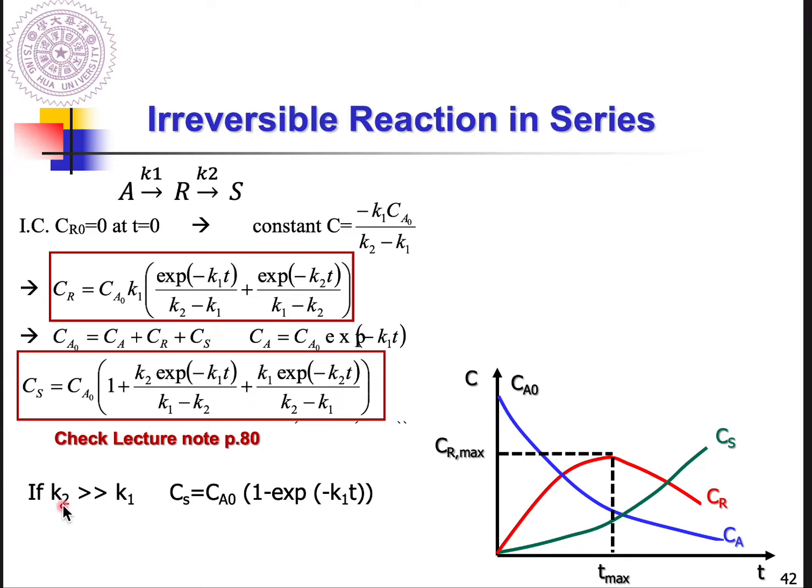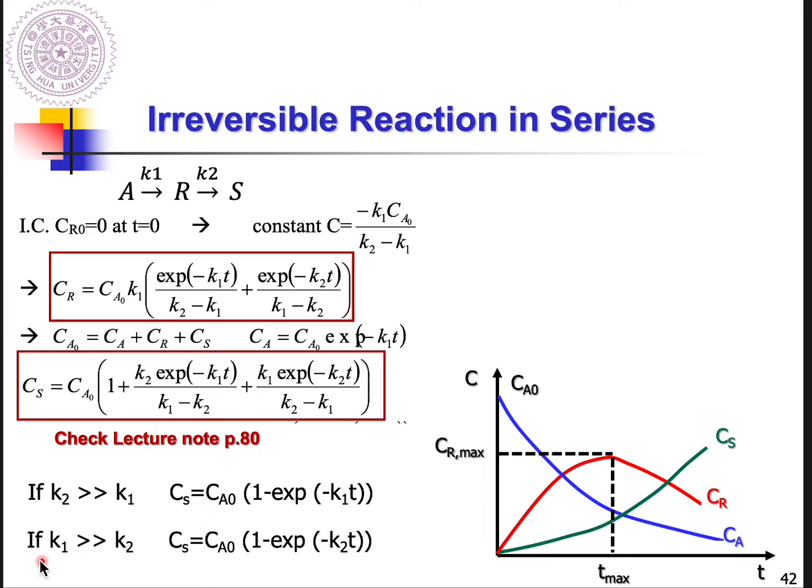So when k2 is much larger than k1, the concentration of product S is dominated by what? k1, the slow path. k1 means the slow path, right? So the slow path dominates the production rate of S in this series reaction.